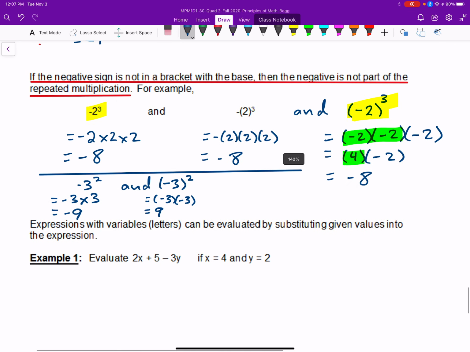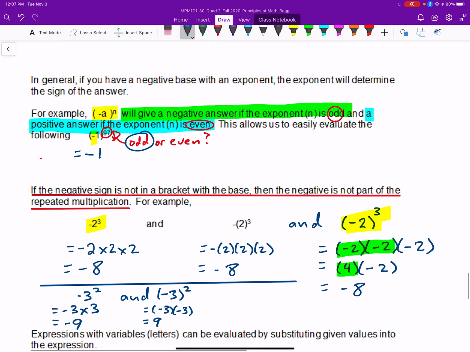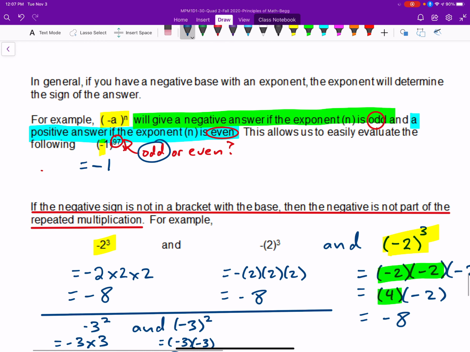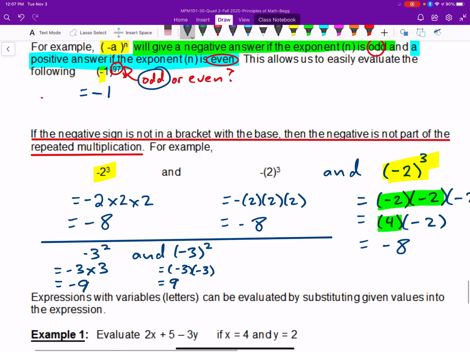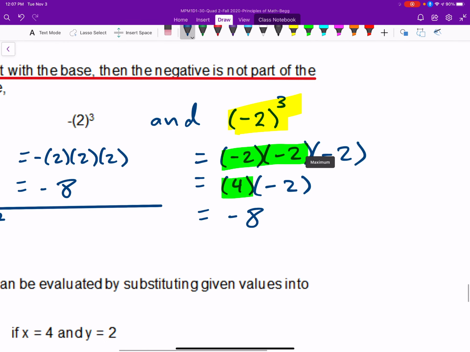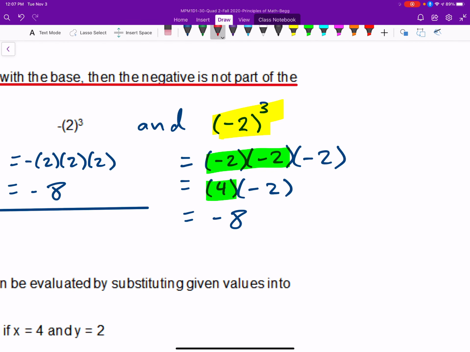And it goes back to, again, this idea of whether we have an odd exponent or an even exponent. An odd exponent, if it's on something that's negative in brackets, like this one here, an odd exponent where you got a negative inside brackets will always come out negative.